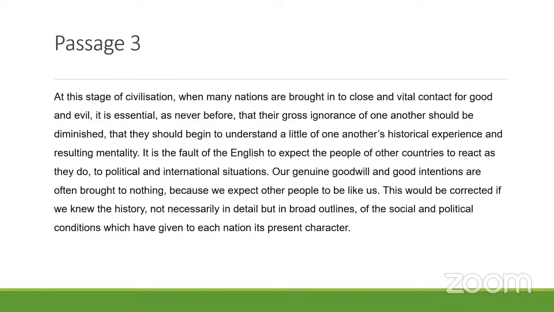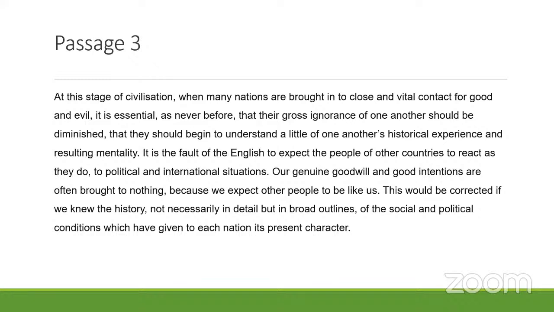If I read the first whole sentence, "at this stage of civilization when many nations are brought into close," like that, then it will be difficult for me to make out what that exact sentence means. If I read the sentence using the punctuations exactly, it would give me a different meaning. Similarly, make sure whenever you're reading a passage, you use the punctuation which is given in the passage. So let me read this passage for you, and let's see how it goes.